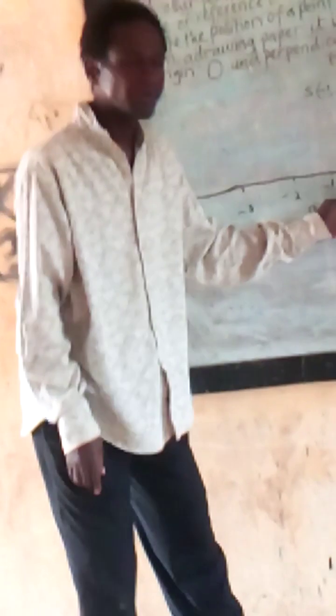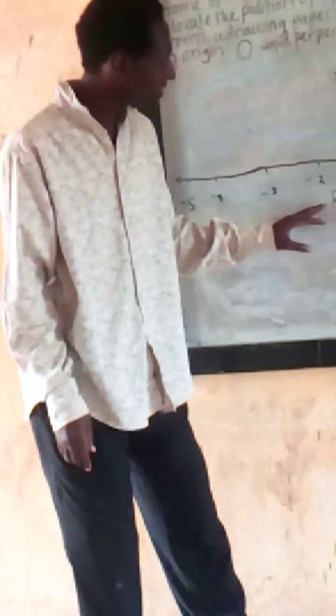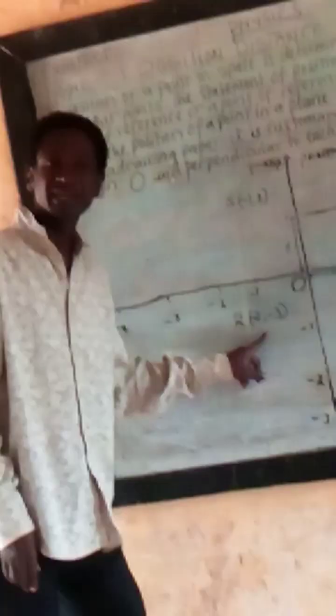While R is minus 2 and minus 3, simply means R is 2 units in the minus x direction and 3 units in the minus y direction. Lastly, S is minus 1 and 3.